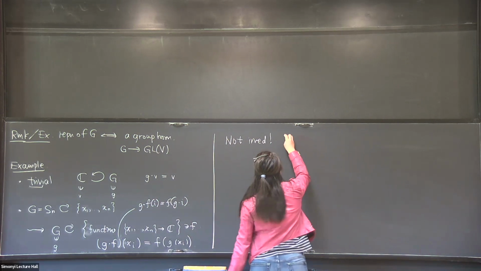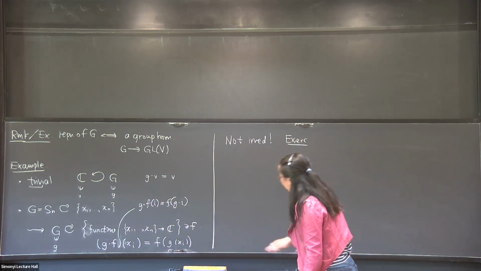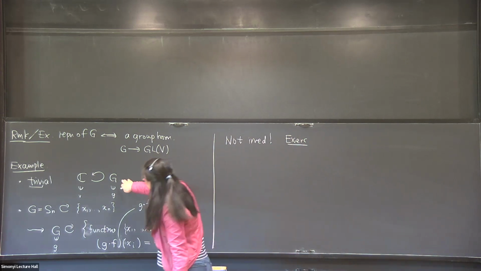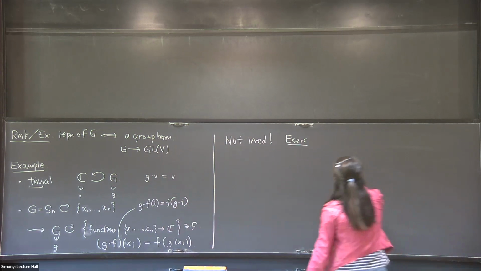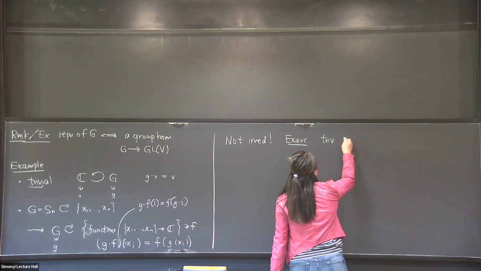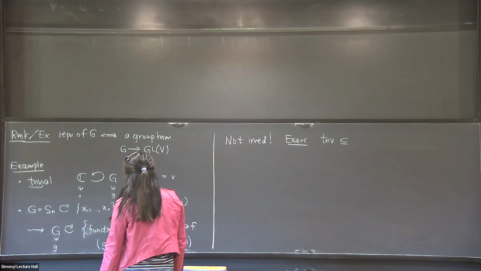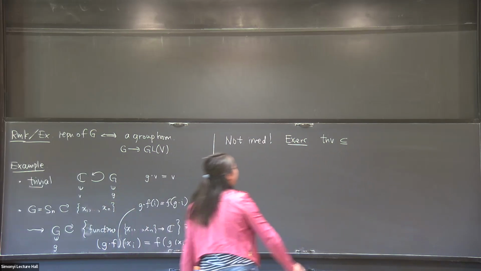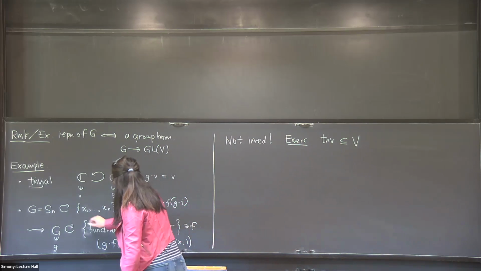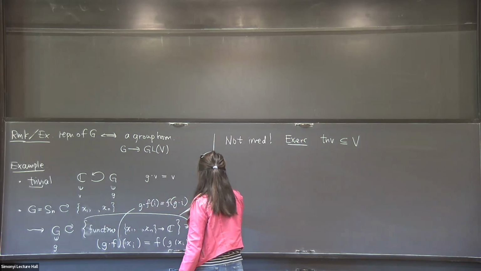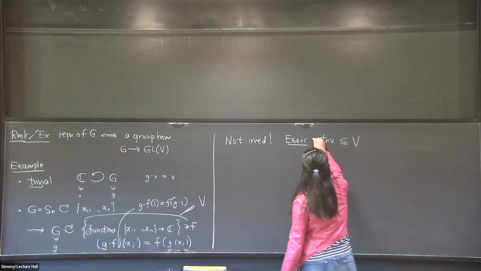Here's an exercise: one should check that there's actually a copy of the trivial representation inside this representation. So this space here is a space called V. And let me say how to see this.